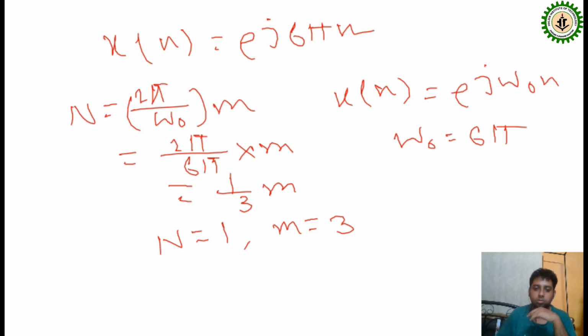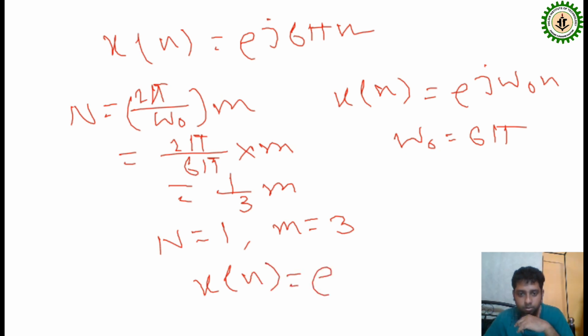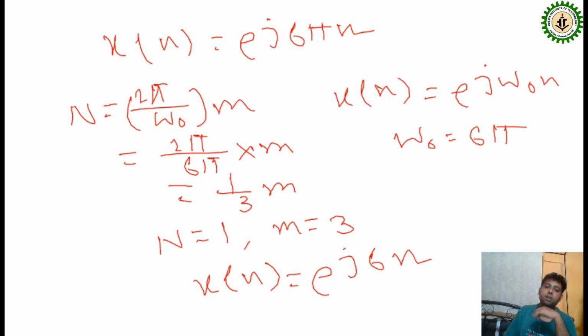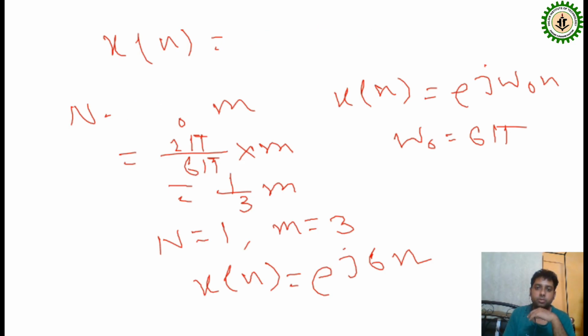Okay, now we will solve another numerical, that is x of n is equal to e to the power j 6 n. Okay, now it has been asked to check whether this signal is periodic or not. If periodic, find the fundamental period.